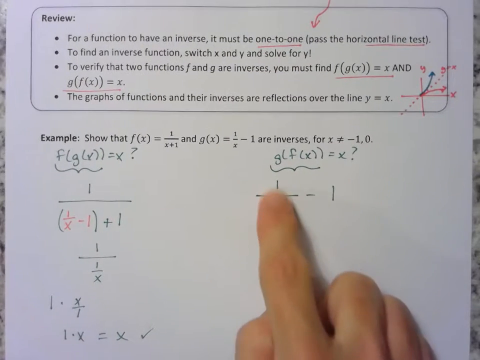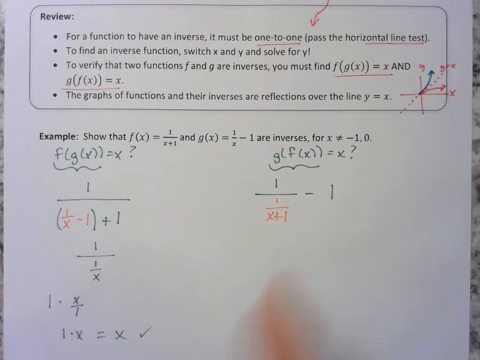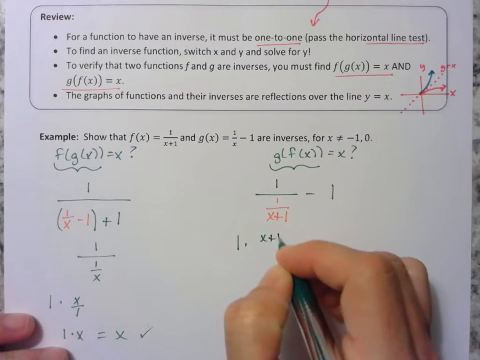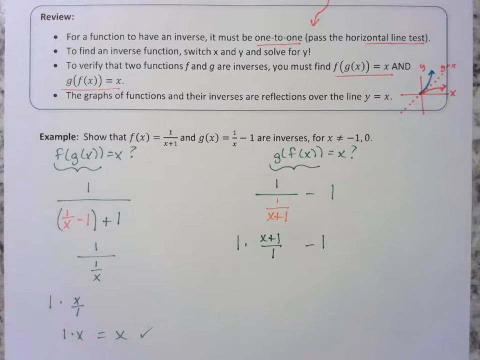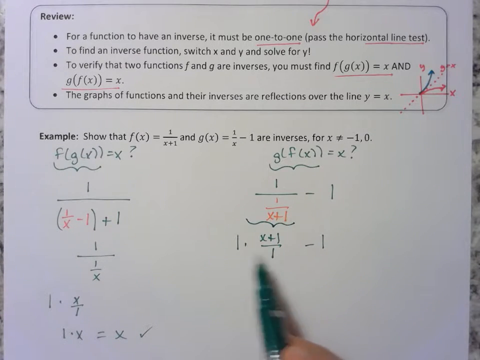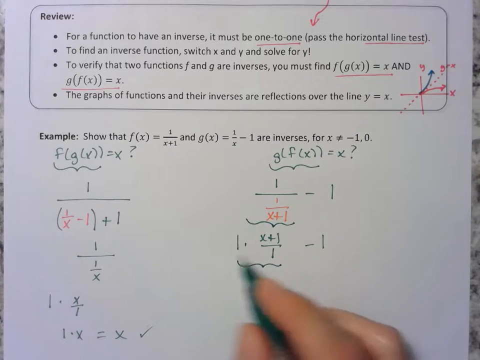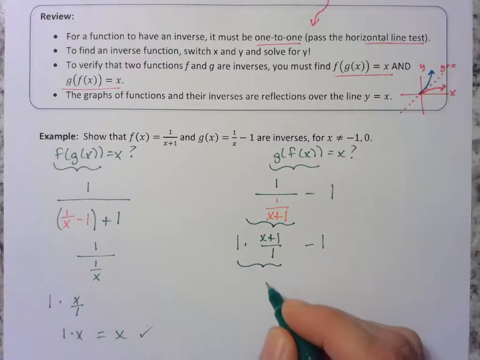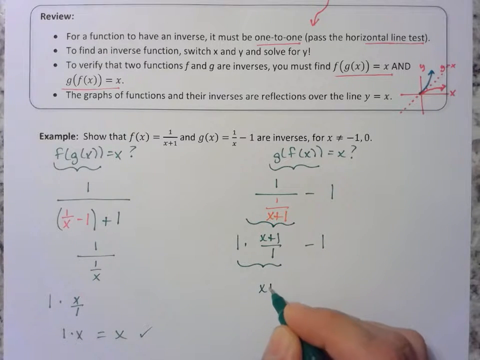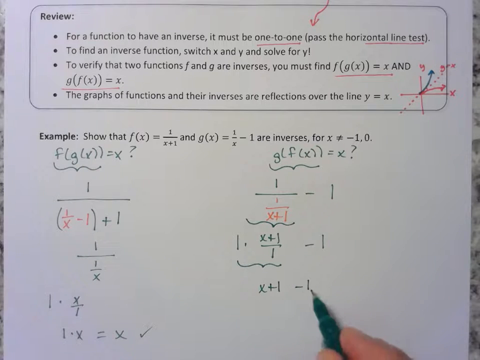We're going to keep, change, flip. So we have 1 times x plus 1 over 1 and then minus 1. All I did was keep, change, flip this part to get this part right here. Okay, so we have 1 times all that, which is just all that. So we have x plus 1 over 1, which is just x plus 1. Plus 1, minus 1, that's 0. So again, we just get x.